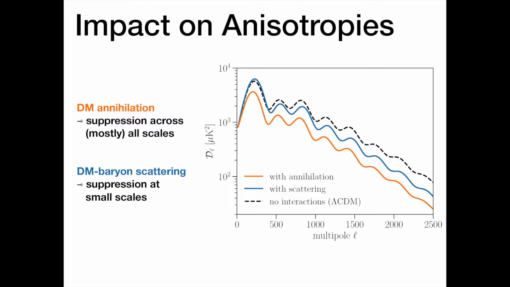With scattering, there's more suppression out here. So depending on where Planck data are the tightest, they're not very tight out here, they're very good over here. You have a lot of flexibility out in this small scale region. Okay, so there's a little bit of interplay here with different scales.